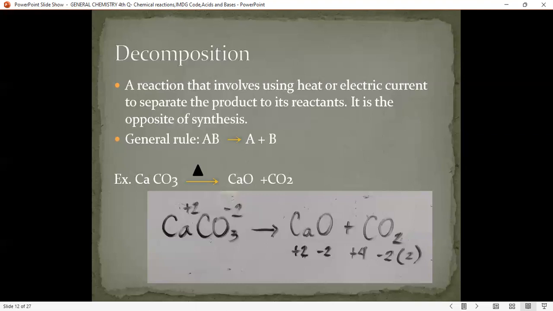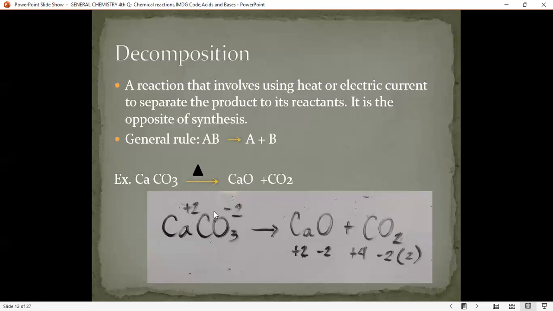And we also have here, let's take for example, CaCO3. CaCO3 is also known as calcium carbonate. In order for us to be able to separate calcium carbonate into CaO or calcium oxide and CO2 or carbon dioxide, we'll just apply heat. The triangle here will actually signify the application of heat.